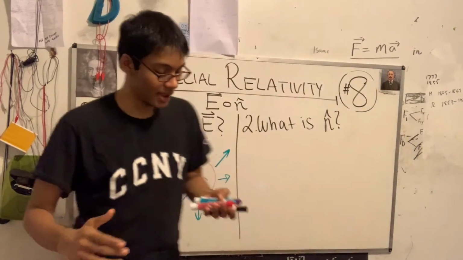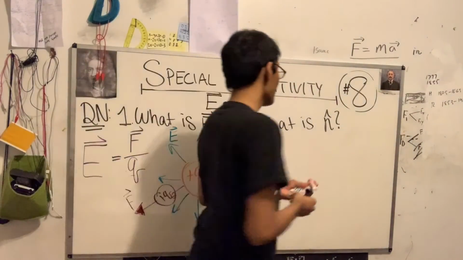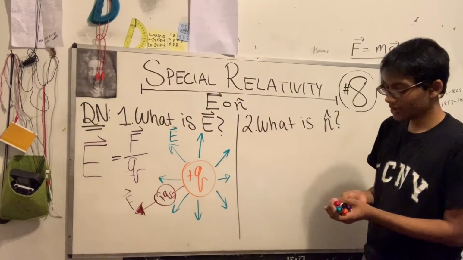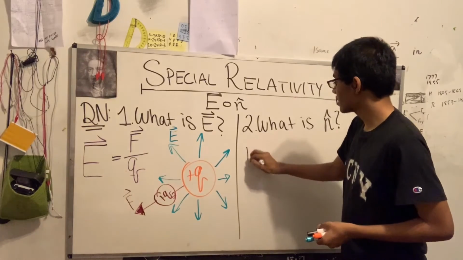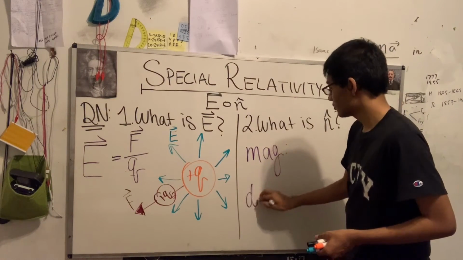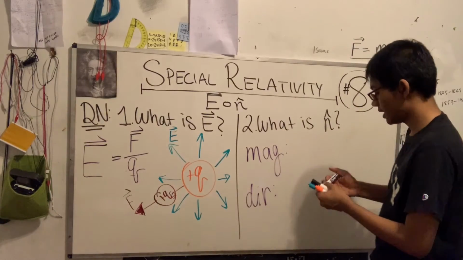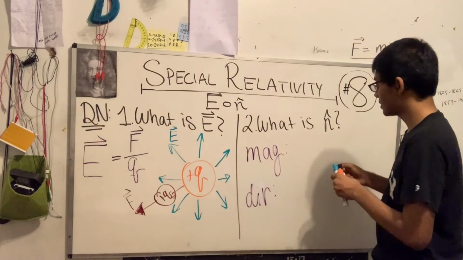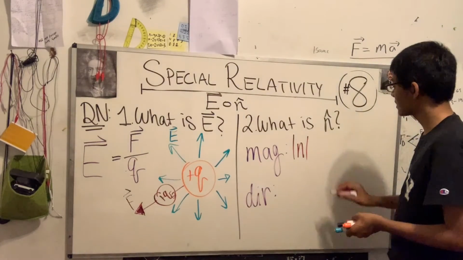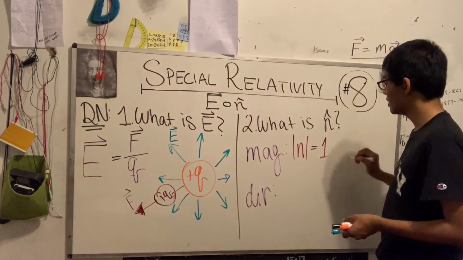Well, n hat, as we discussed in our previous lecture, is the following. It's a unit normal vector, right? So how can I write that down? Every vector has two things, a magnitude and a direction. So the magnitude of n hat we can denote like that, which looks kind of like absolute value, and that's going to be equal to 1.